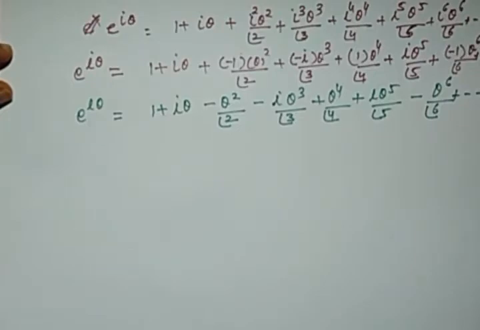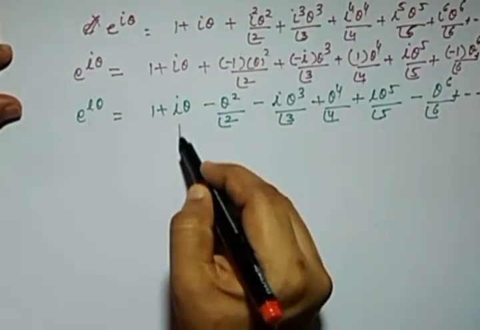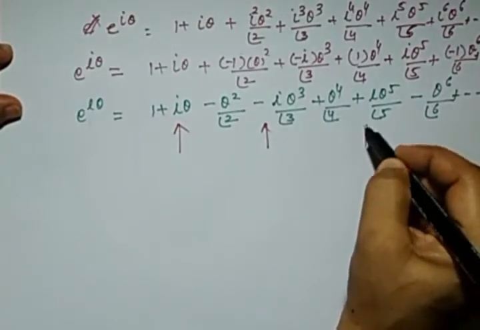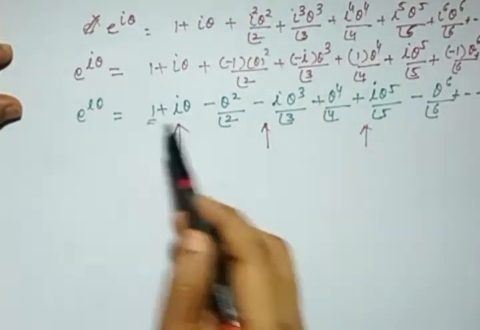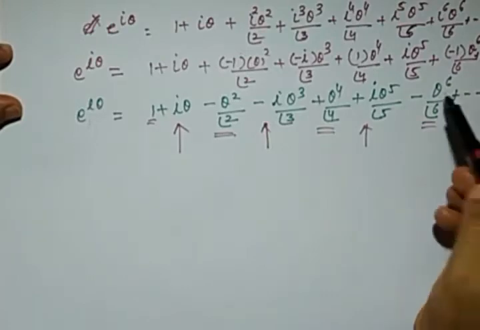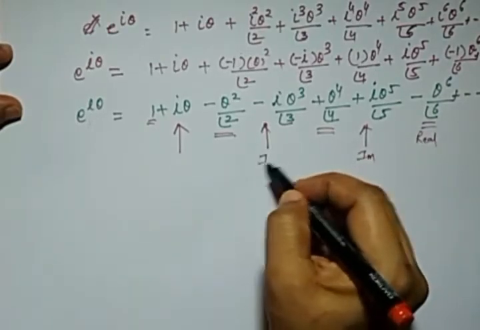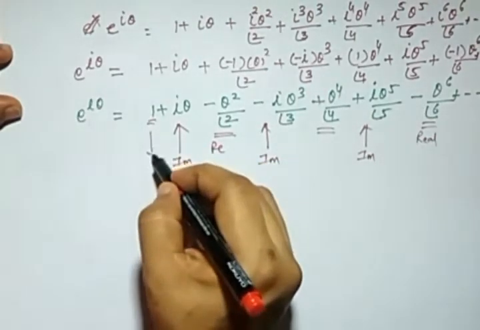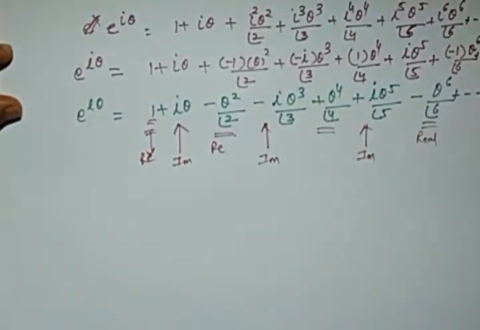Okay, so if you observe this series carefully, then we come to know that there are some terms containing i which are imaginary, and there are other terms which are real. So what we will do? We will separate the real and imaginary terms.